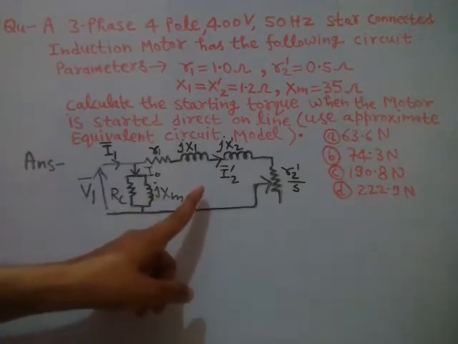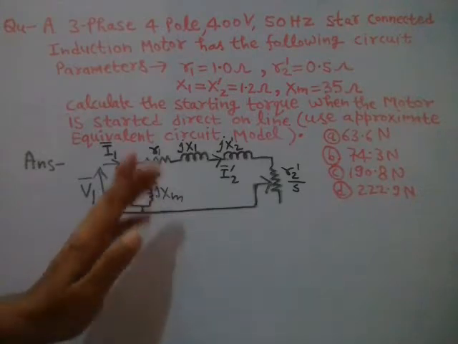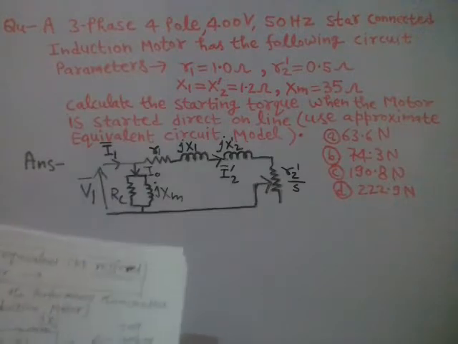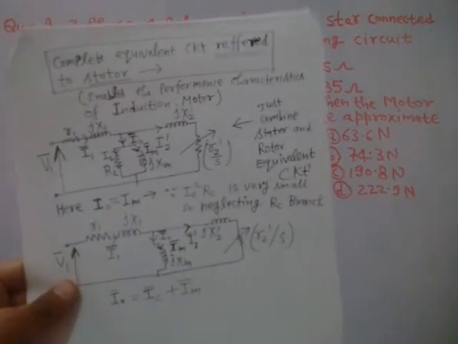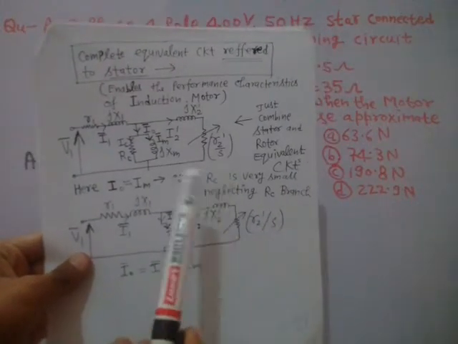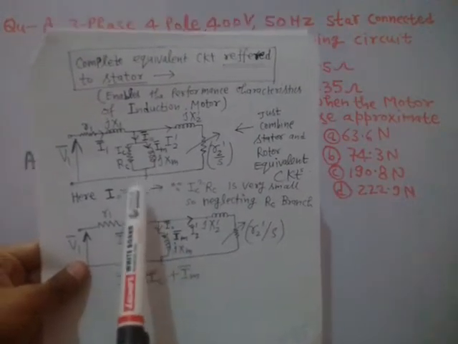So basically this is the approximate equivalent circuit model of three-phase induction motor, and the shunt branch has been shifted towards the supply side. If you see the complete equivalent circuit, here the shunt branch is at the center, right?